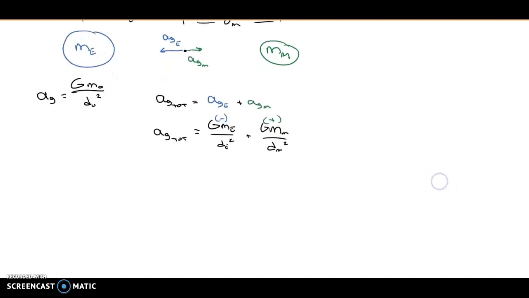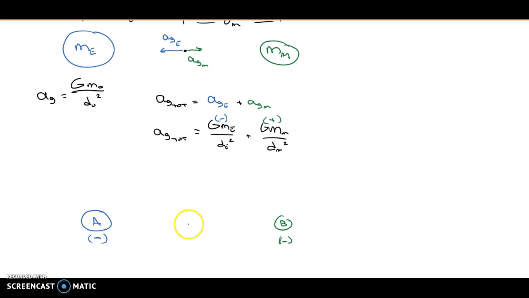So this is the same premise that we deal with in electric fields. In this case, if I have field A, which has a negative charge, and field B, which also has a negative charge, we'll just keep them negative. And again, I'm using negative because that would attract a test charge, and that's very similar to gravity.